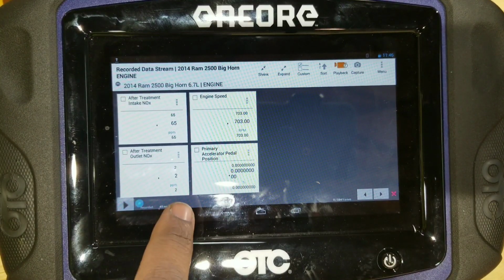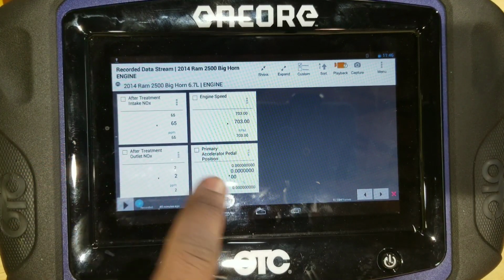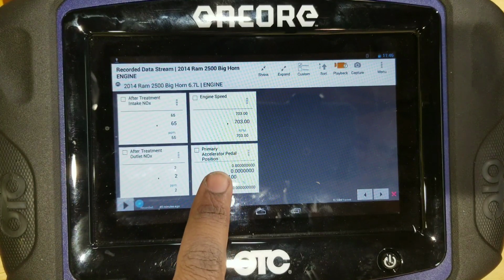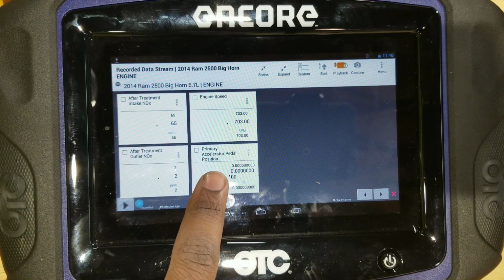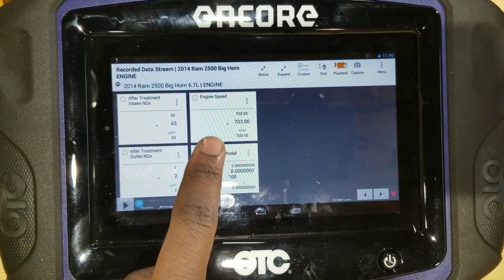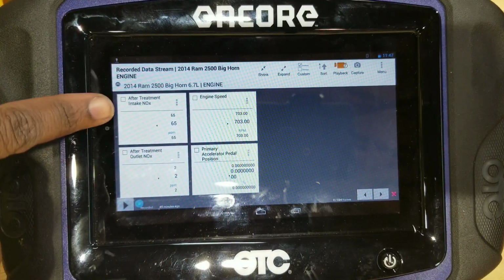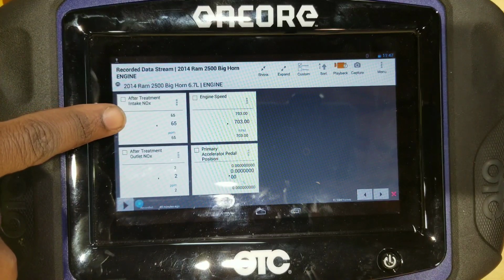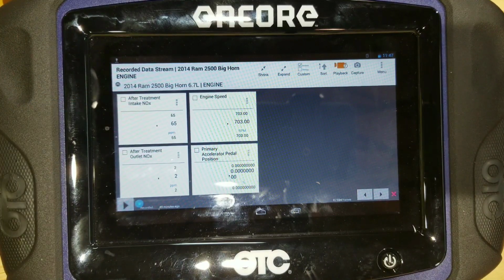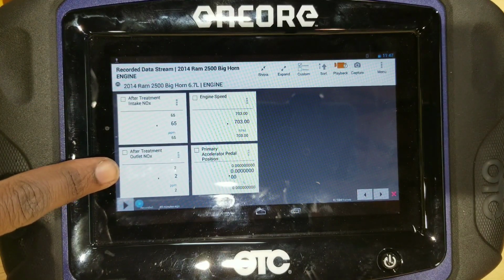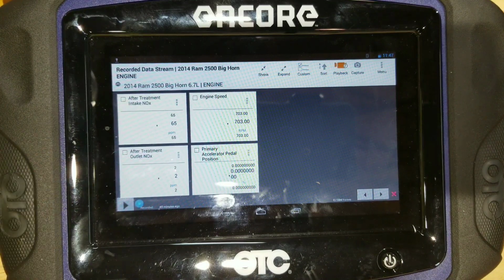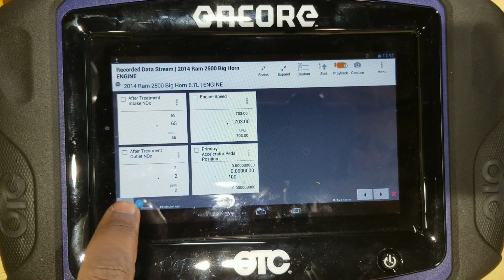So here I'm showing acceleration, my accelerator pedal position. Top here shows the engine speed, intake, that is untreated exhaust gas, and outlet after it's been treated from the selective catalyst. So now I'm going to hit play and you'll see.